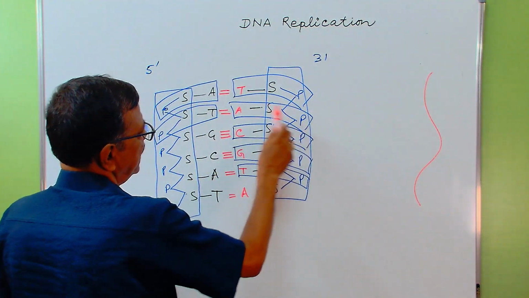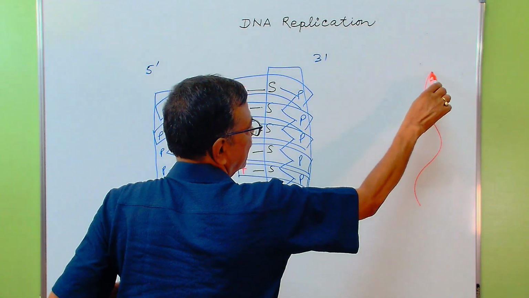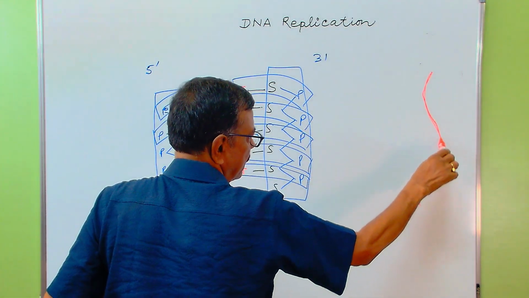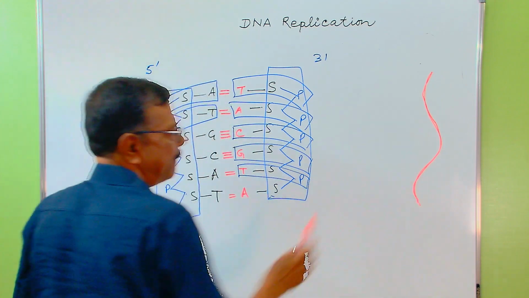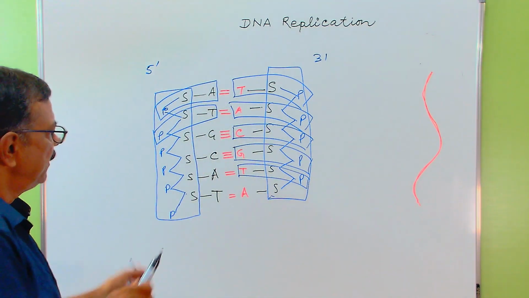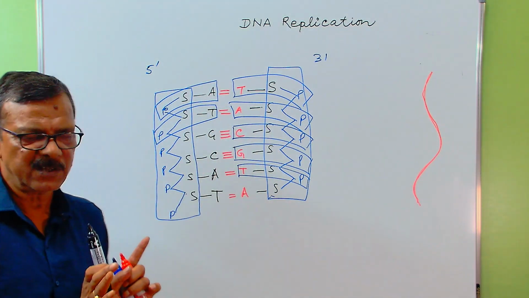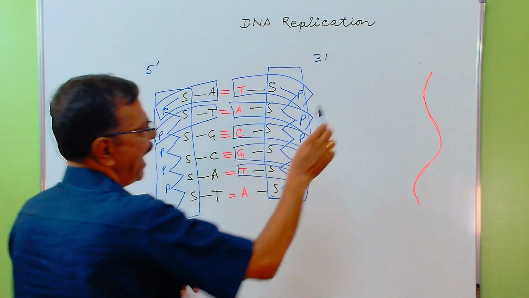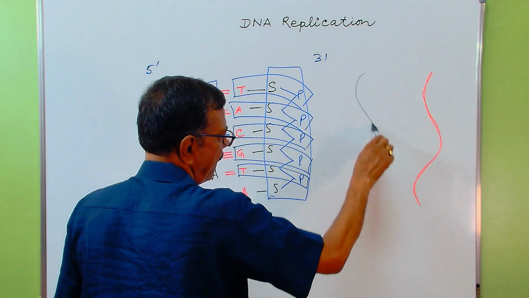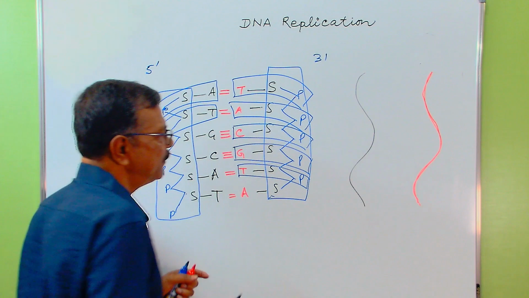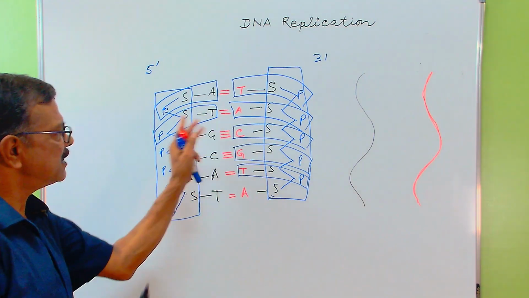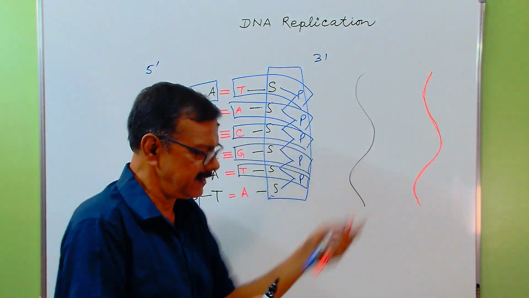This is sugar phosphate and T. This is the red one. And this one for differentiation, I am writing in black. So this is this side and this is that side.